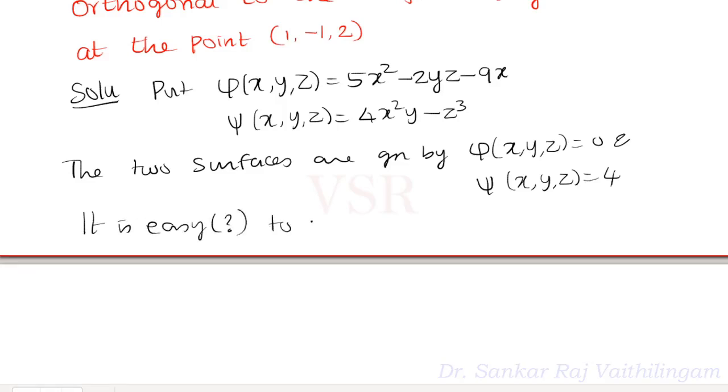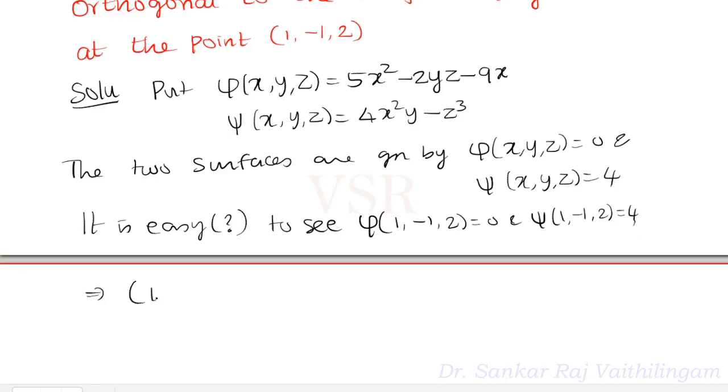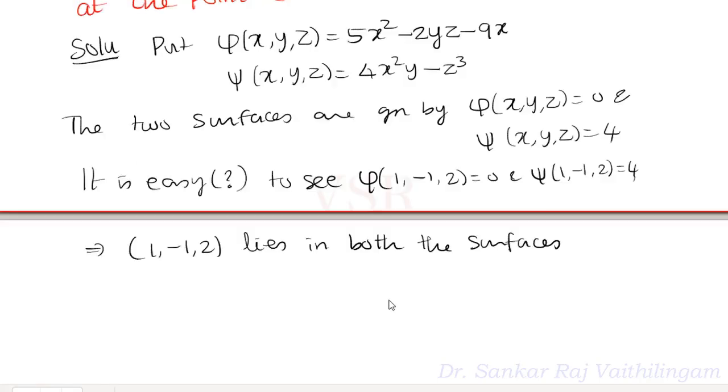To see what is this, phi of 1 minus 1 2 which is equal to 0 and psi of 1 minus 1 2 which is equal to 4. அப்போ என்ன அர்த்தம் அப்படின்னா, this implies that 1 comma minus 1 comma 2 lies in both the surfaces. Okay, so I can talk about the del phi.